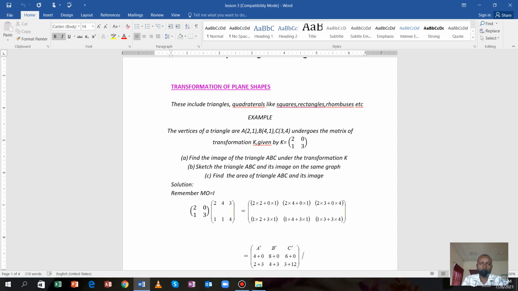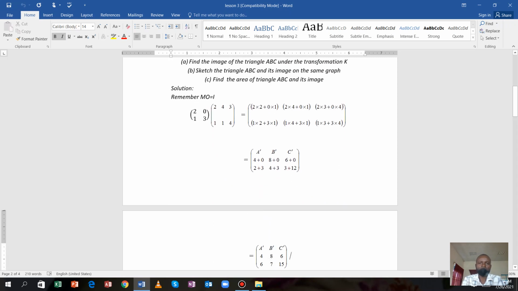You are going to get A prime. 2 times 2 is 4, then plus 0 times 1, you get a 0. B prime is 8 plus 0. That one is now a 6, plus a 0. Down you have 2 plus 3, 4 plus 3, 3 plus 12.